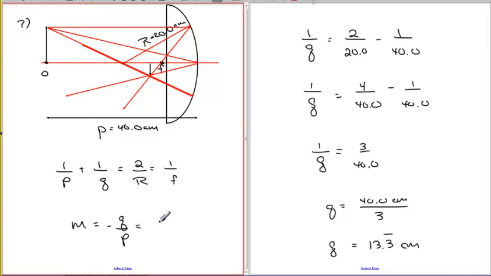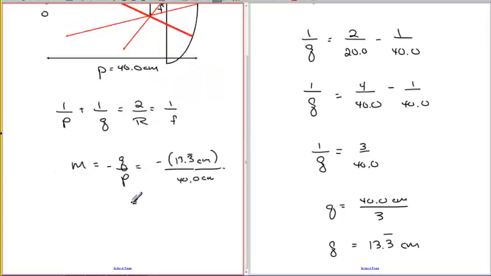So you have negative Q, 13.3 centimeters, divided by P, which is 40 centimeters. Okay, so that's going to be 1/3 actually, because if you multiply it by 3, you get 40, so it's negative 1/3. The centimeters cancel out.